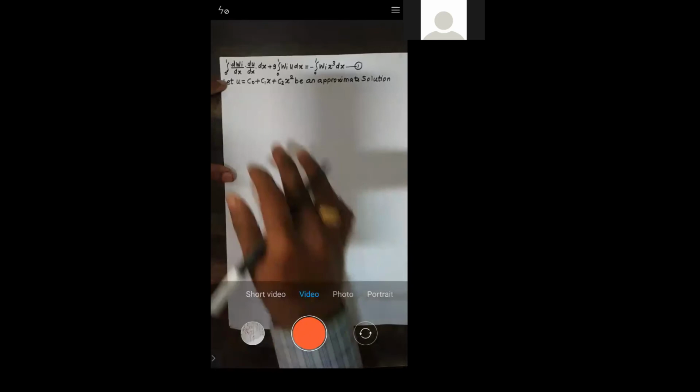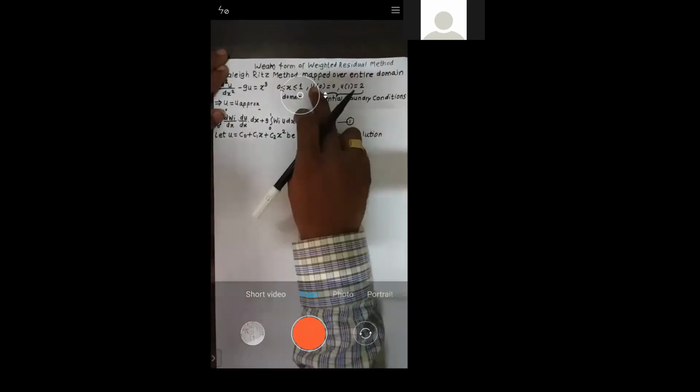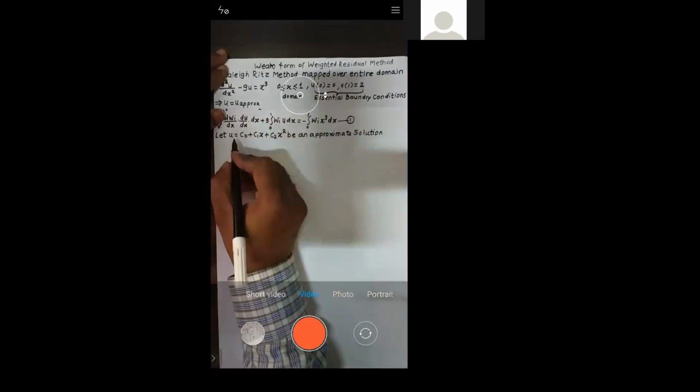See, now you have written the approximate solution. You have the boundary conditions, right? So now we need to impose the boundary conditions. See the first boundary condition: u is equal to 0 when you put x is 0. So c0 into x is 0, plus c1 into x is 0, plus c2 into x is 0 square.